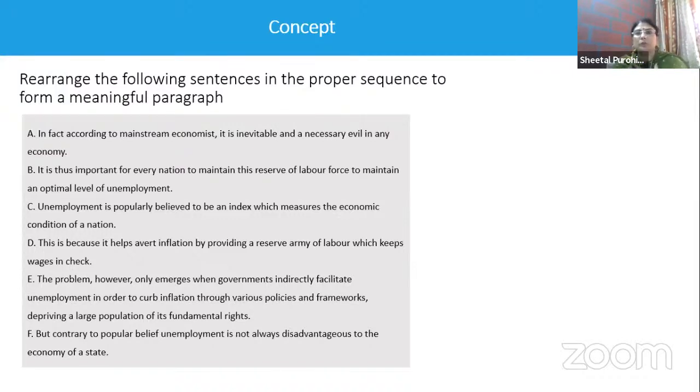Yes, able to do? Everybody is able to do or not? Let me see, 7 messages have come.